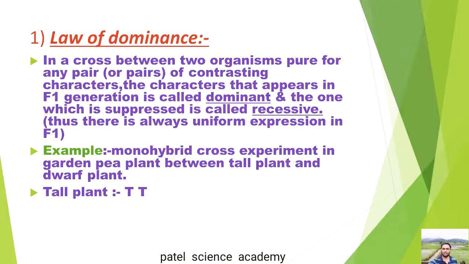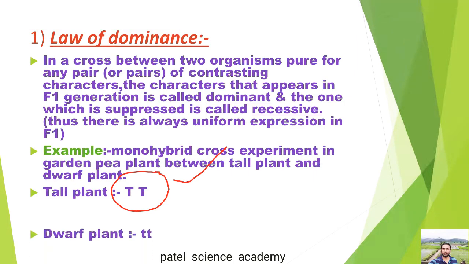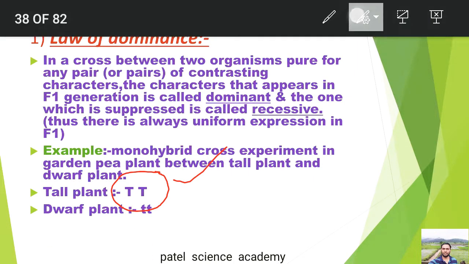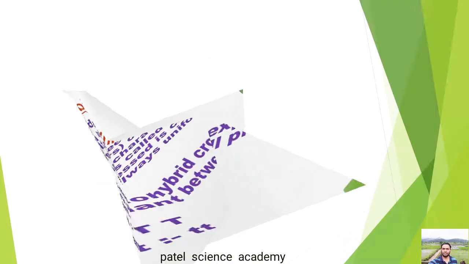The tall plant is indicated by the pair of genes capital T, capital T, while dwarfness, meaning shortness, is indicated by small t. Let's see the cross properly.